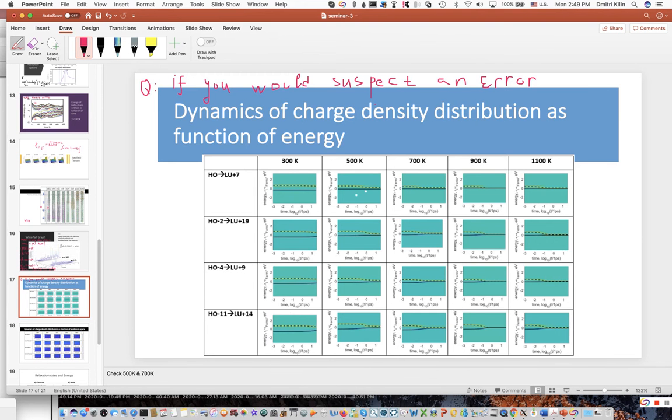For me personally, I'm not saying that something is wrong, but if I'm looking at the column with 300, then yellow and blue stripes always finish at some gap. They are not coinciding at the end of electronic dynamics. But if I look at any other trajectory at higher temperatures, yellow and blue stripes come much closer to each other, showing that the gap is zero.